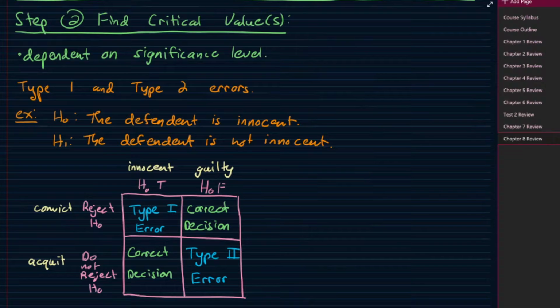Maybe there wasn't enough evidence to prove them guilty beyond a shadow of a doubt or whatever. Hung jury or something like that. So there's many different ways that a type 1 and type 2 error can be manifested depending on what the null and alternative hypotheses are.